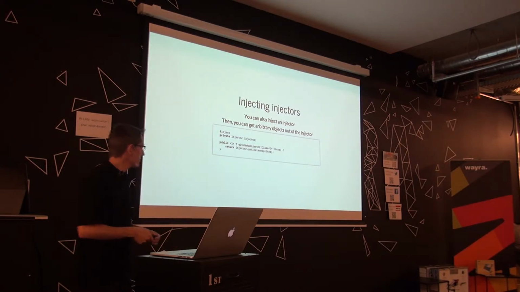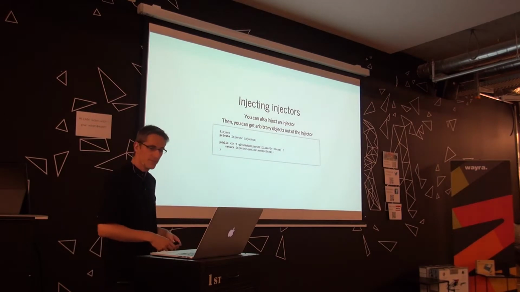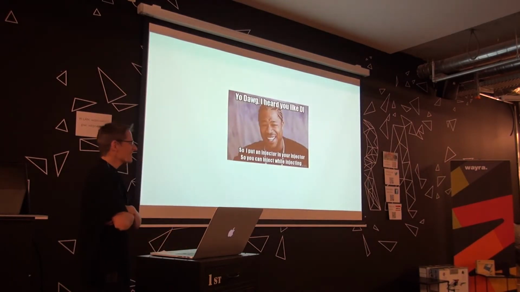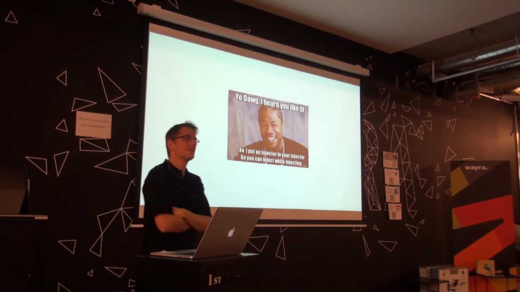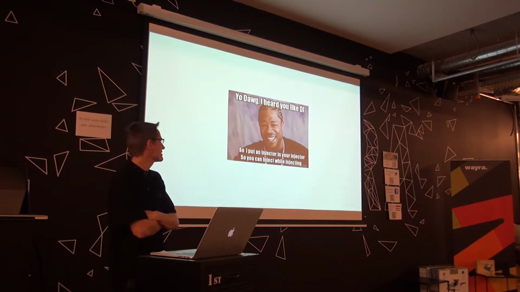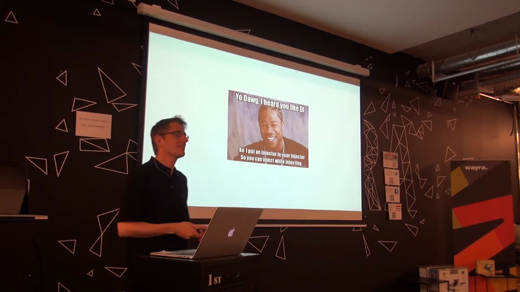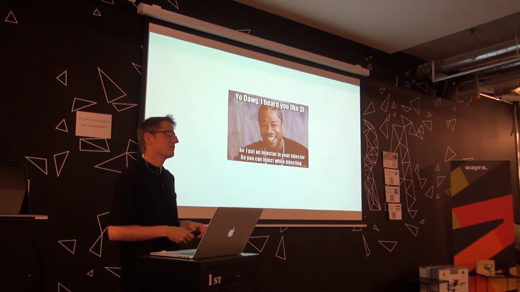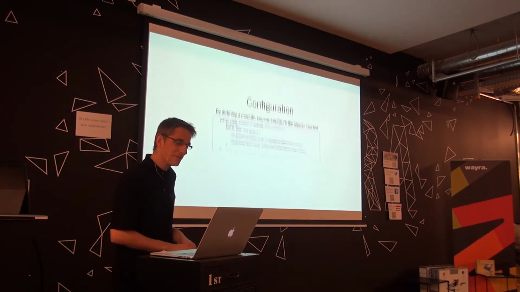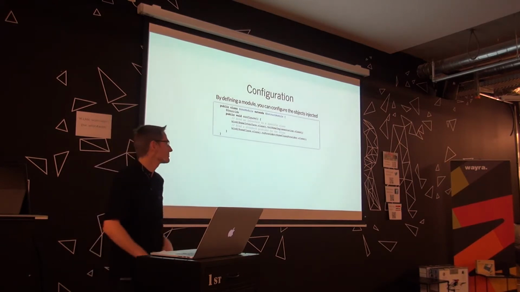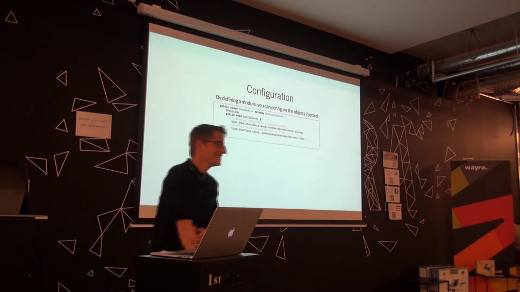So everything is done for you. But I wouldn't like you to just use the injector, because it's a little bit redundant, I would say. If you can do it without injecting injectors, don't do it. If you have to, it's pretty nice, but maybe it was wrong to tell you about it.